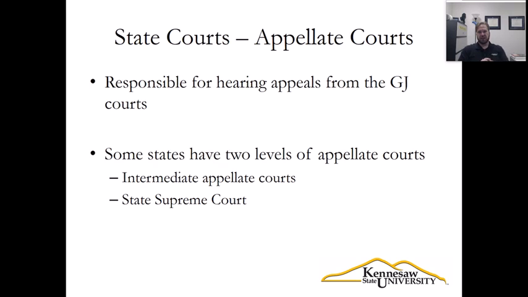So you might have a regular court of appeals, which would be your first level that you would appeal to after your trial, and then a lot of states have a state supreme court, which is the final appellate level within the state. And so that would be your final appeal at the state level.